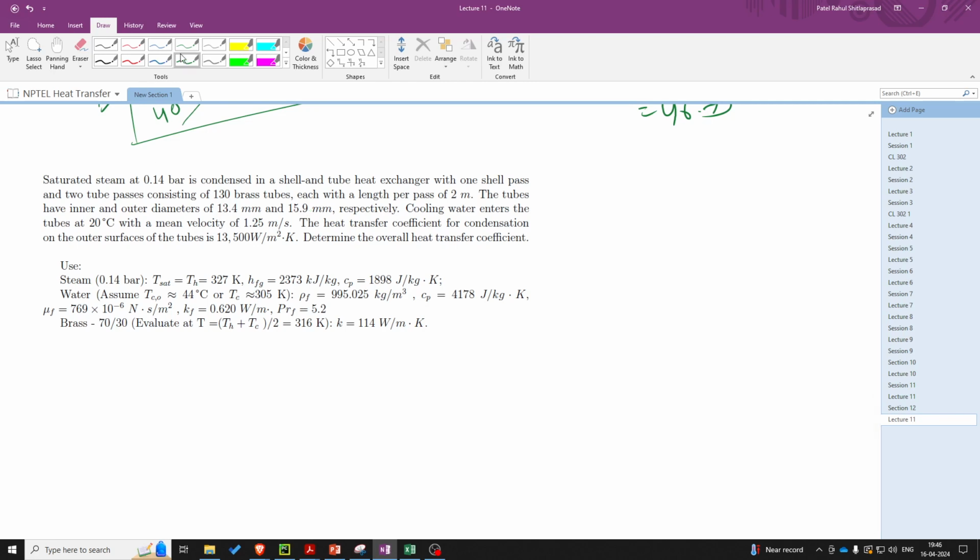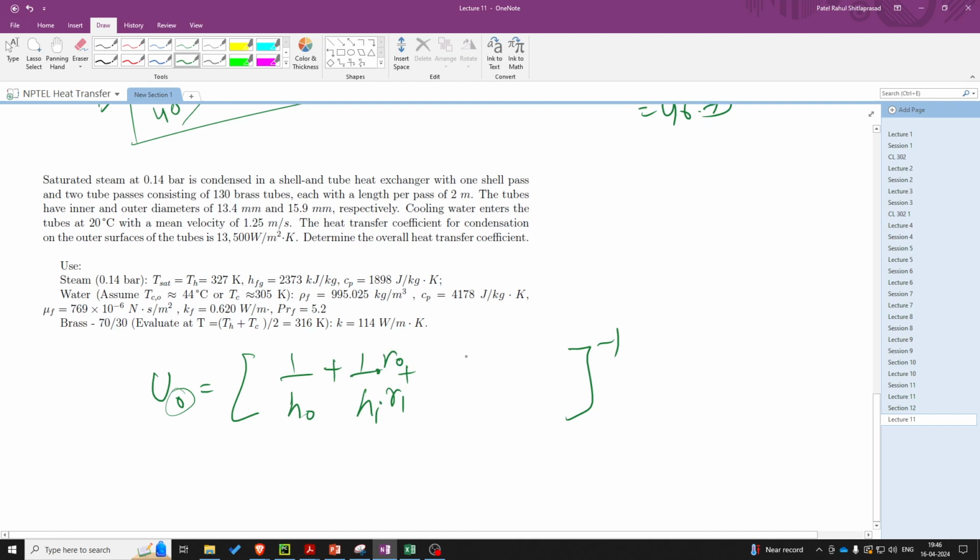So we know the overall heat transfer coefficient is given as 1 upon U naught. You can write U naught as the inverse of 1 upon H naught plus R naught upon Ri times 1 upon Hi, and due to conduction, R naught upon k times ln of R naught upon R1.